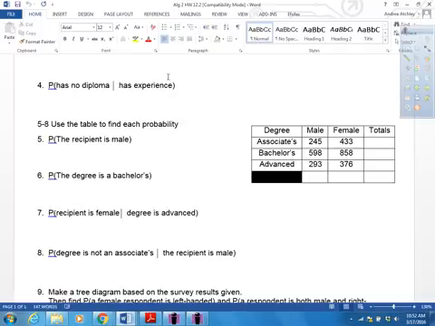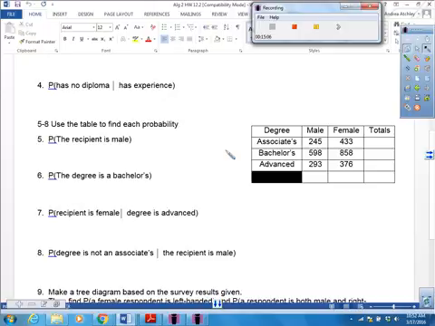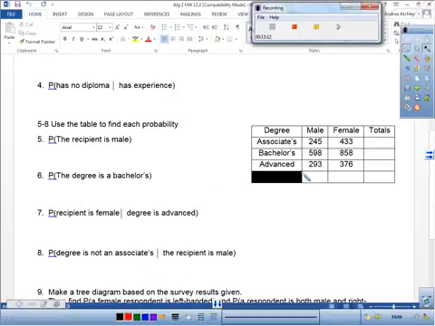Okay, and I want to do the same thing with these. So let's tally those all up. Okay, who got this one here? Braden, what is it? 1,136. What's this here? 1,667.